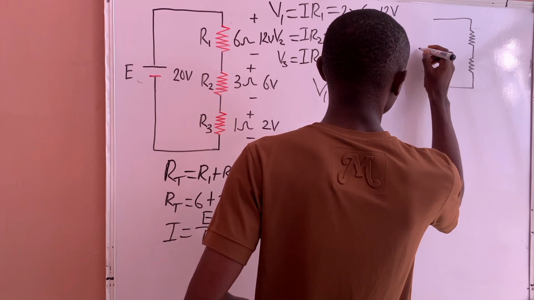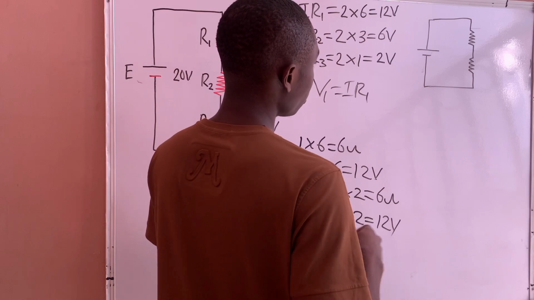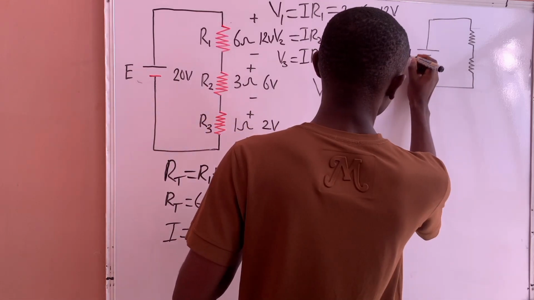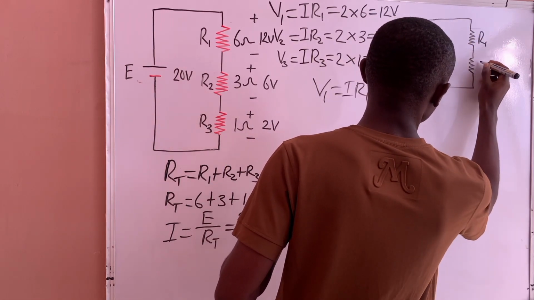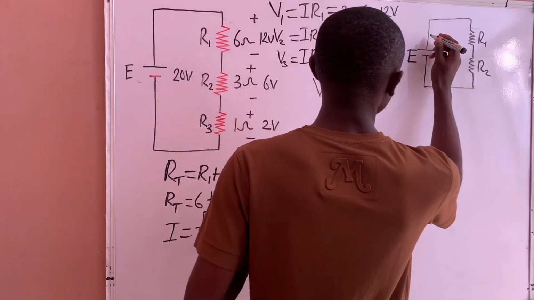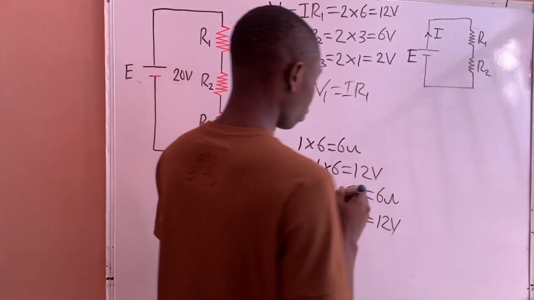Let's call the source E, the resistors R1 and R2, and the current that flows in the circuit I.